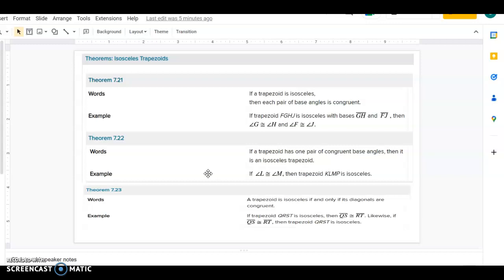And then the last one, 7.23: a trapezoid is isosceles if and only if its diagonals are congruent. So if trapezoid QRST is isosceles, then QS equals RT. Likewise, if QS equals RT, then trapezoid QRST is isosceles.